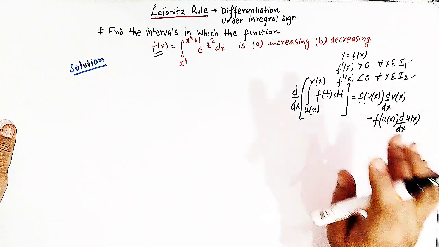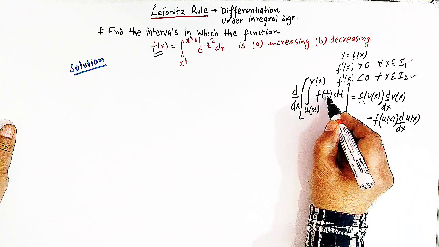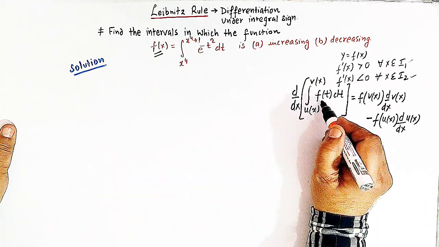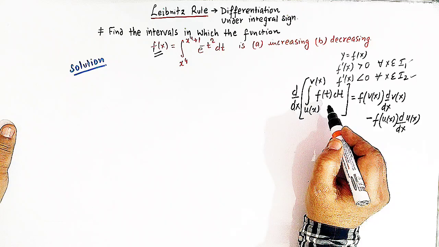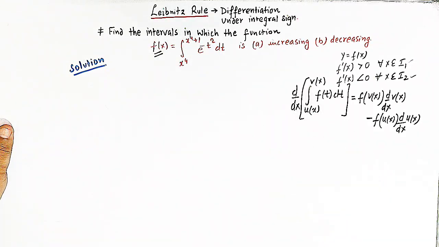So here we are considering only the case when this function f of t is the function of t only, right? So this is the Leibniz rule for the differentiation under the integral sign.